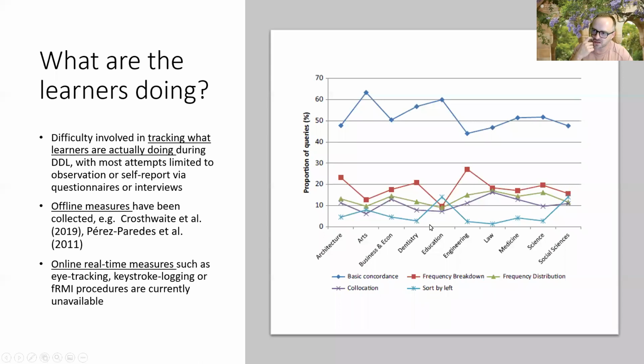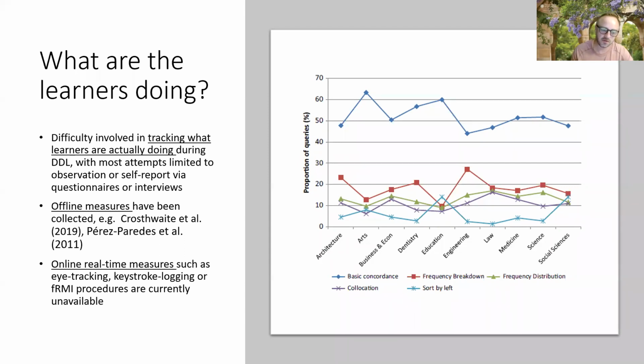What we found was that those in the sciences tended to use more statistical outputs, consulting things like diagrams and charts and frequency and number information, whereas those from the arts tended to use more textual information, going in and reading the concordance lines in detail and trying to extract the information that they needed from those. So there are clear disciplinary differences there in who is using the corpus for what.